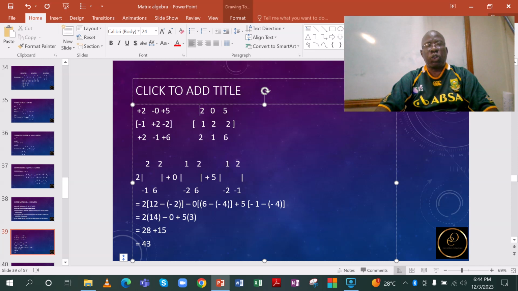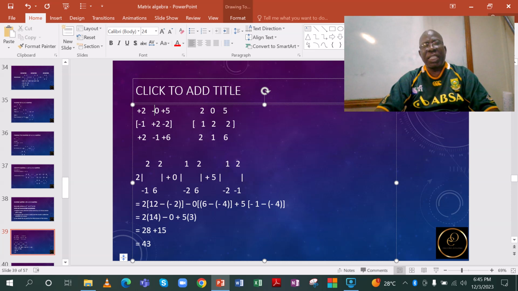You can see, because 2 here is in the first row and the first column, 1 plus 1 gives the positive sign. 0 is in the first row, second column, so 1 plus 2 is 3, that's why it's given a negative sign here. 5 is in the first row, third column, so 1 plus 3 is 4, that's why it's given a positive sign.